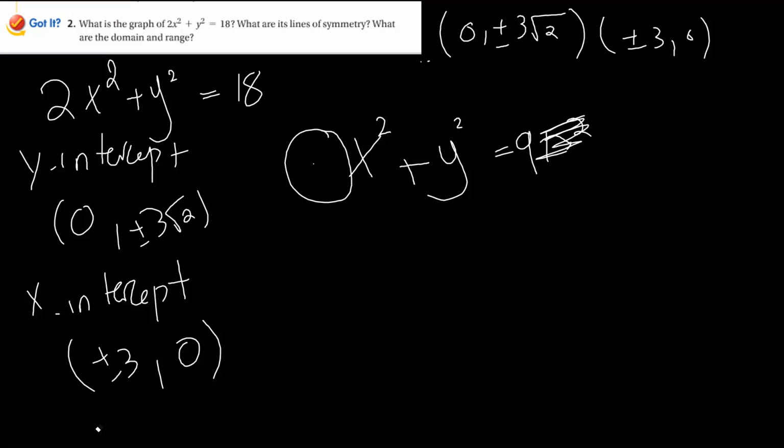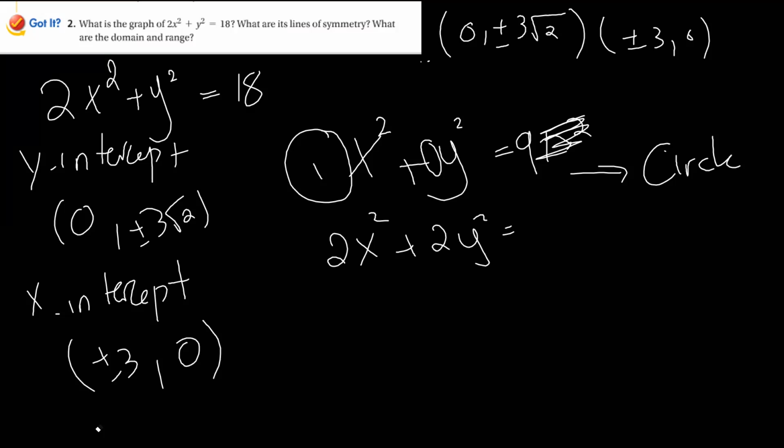It is 1, nothing. And here also it is 1. So if there's no coefficients with the x and the y, and here I have only one number, which is the radius, this equation is for a circle. If the coefficients are the same, it's also for a circle. Like as an example, 2x squared plus 2y squared equal 9.